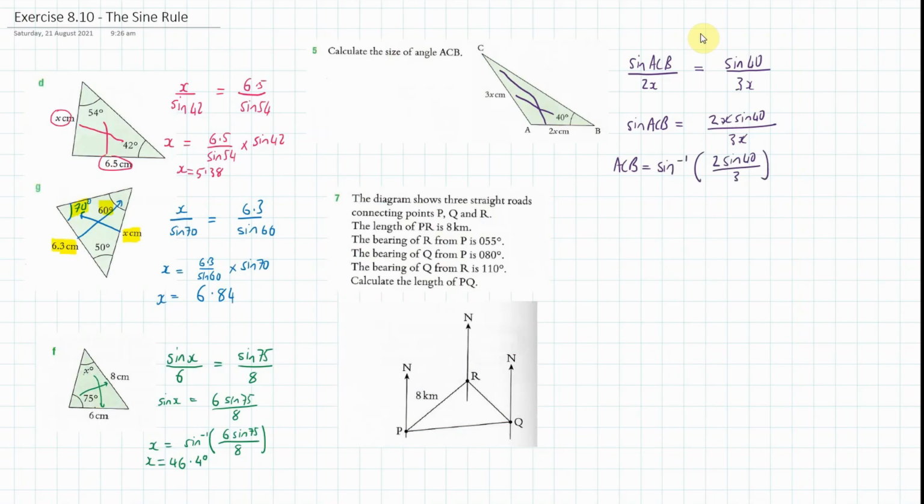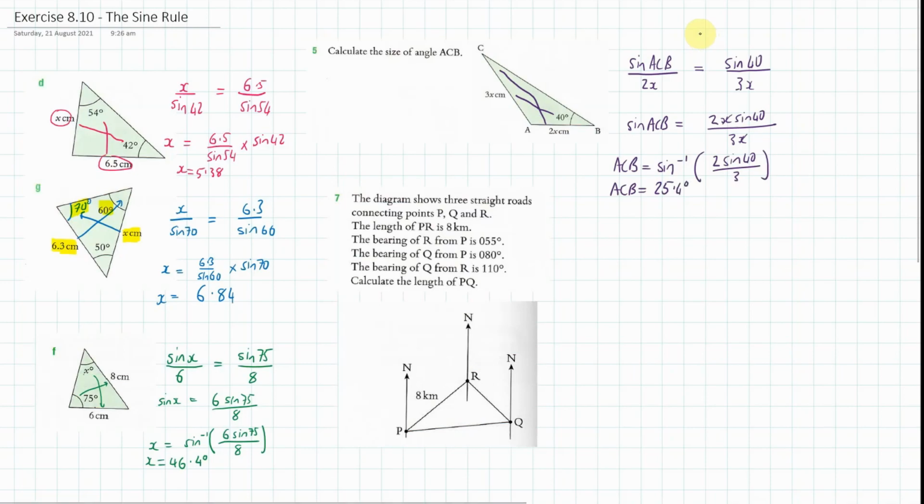And so ACB equals, now let's do that, inverse sine of 2 times sine 40 over 3. I'm getting 25.4 degrees to 1 dp.